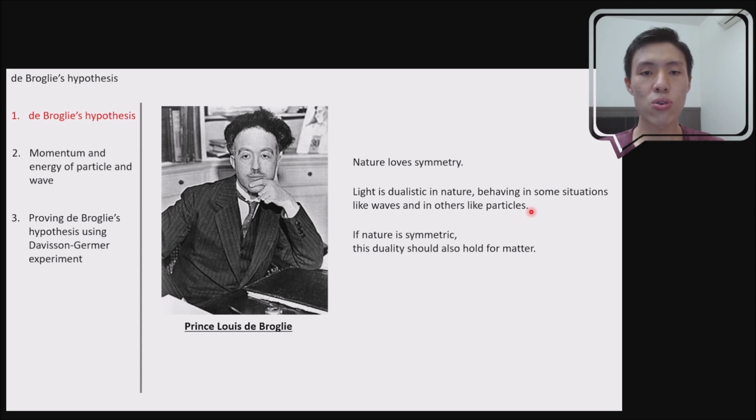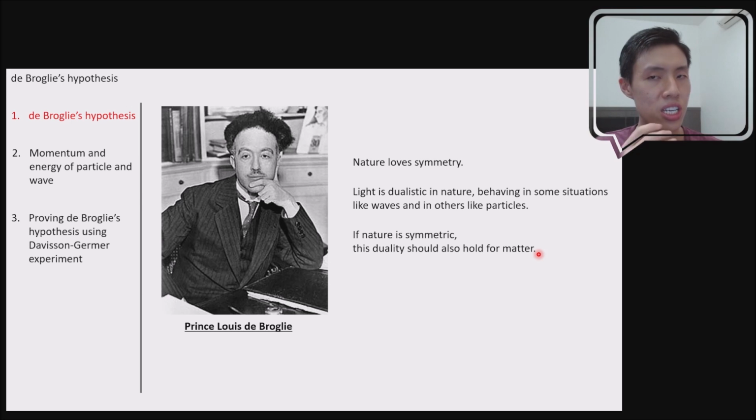So he says something like this. If nature is symmetric, meaning everything works in a symmetrical manner, this duality should also hold for matter. If light has a dualistic nature, then on the basis of symmetry, matter, which is very prevalent in our world, since everything is made of matter, should also hold this kind of duality.